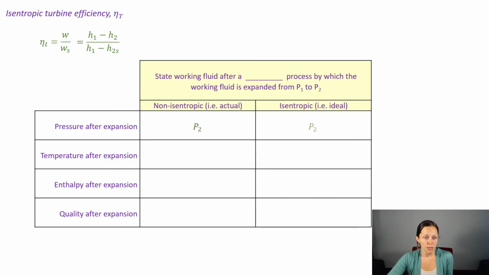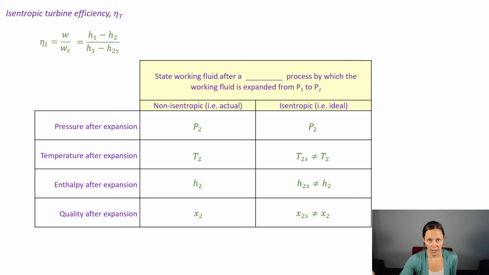Well, P2 at the end of the actual process and the isentropic process are the exact same, because that isentropic efficiency is defined between two given pressures, P1 and P2. So it's the same for both processes. But all the other properties are going to change. So if you calculate the temperature, the enthalpy, and the quality for the isentropic process, you need to go back and use your isentropic efficiency to figure it out for the actual process.